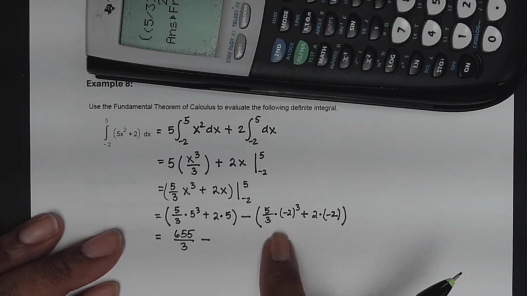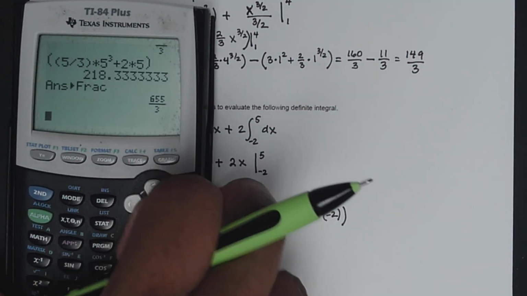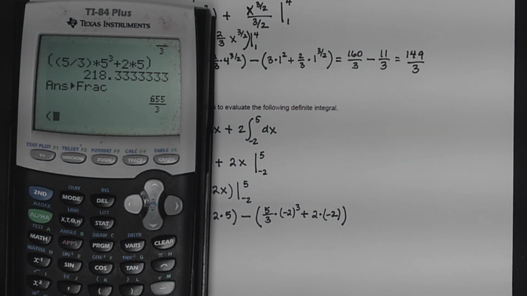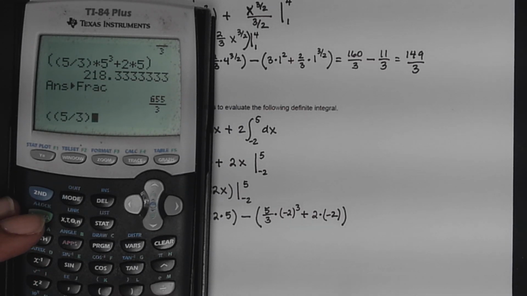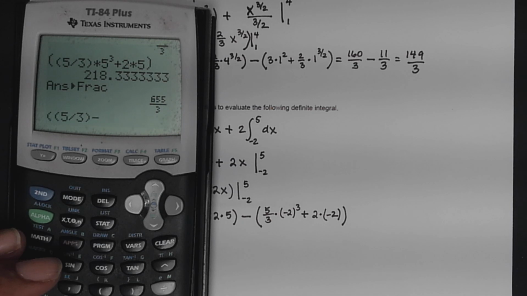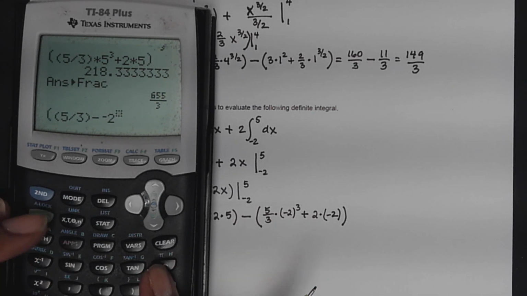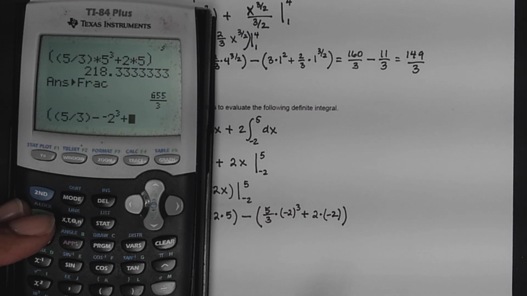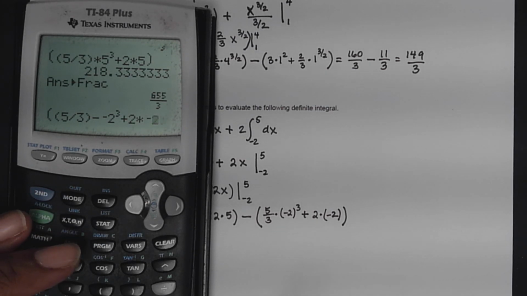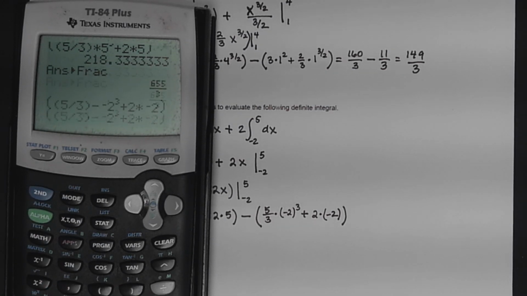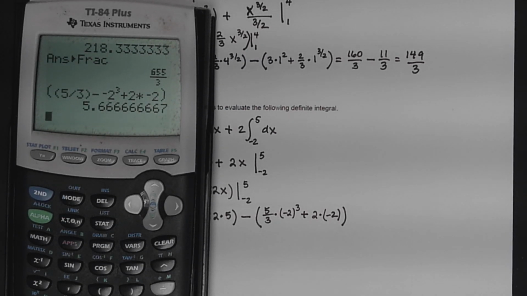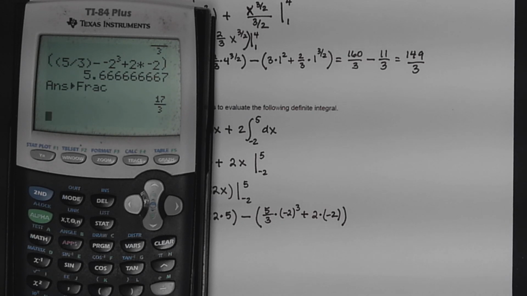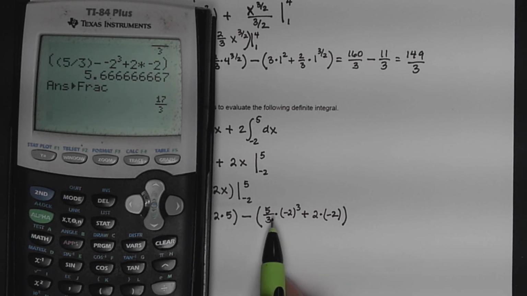And then minus my lower limit. Let's evaluate that. Let's do left parentheses, and then in parentheses, 5 divided by 3, minus, and this will be negative 2, hat key, to the third, plus 2 times negative 2, close parentheses. Now, if I press the math key and then number 1 for fraction, I'm doing something wrong here.